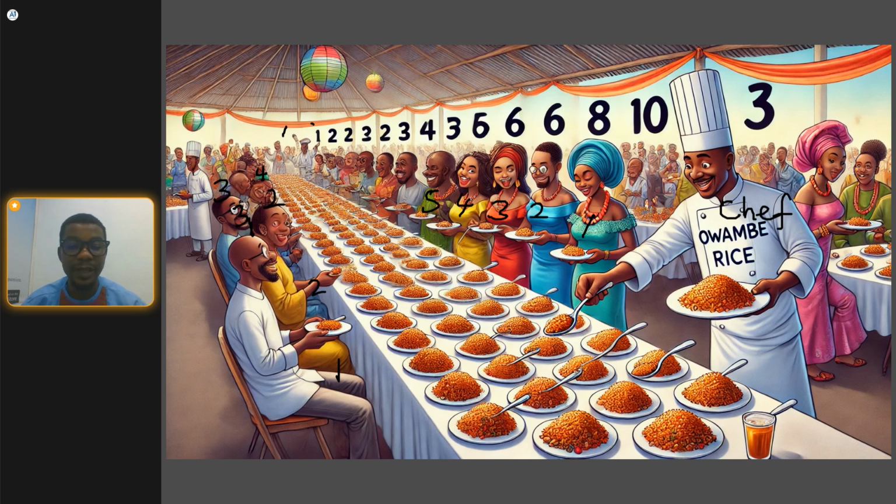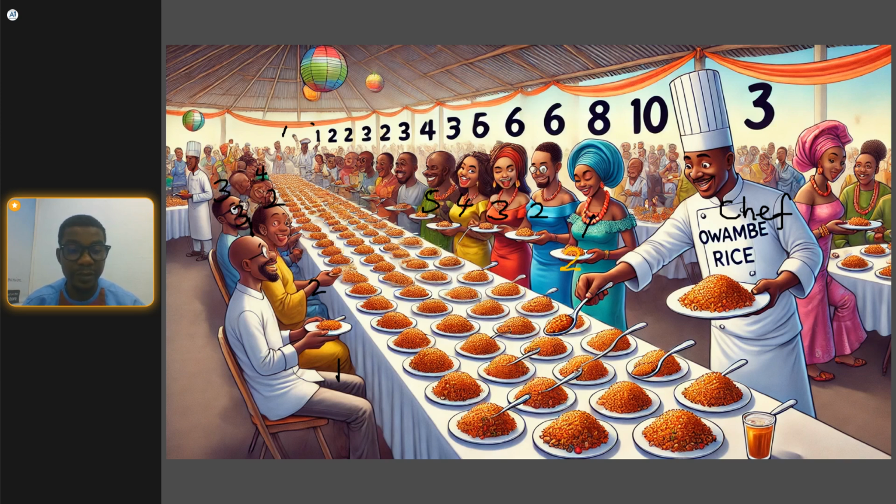Now, while the chef was serving, he was serving based on the count of spoon. So he gave to the first person 2 spoons of rice. So the first person received 2 spoons of rice.